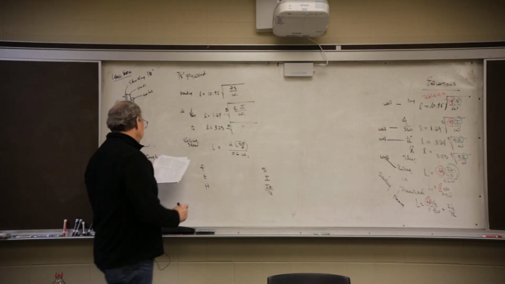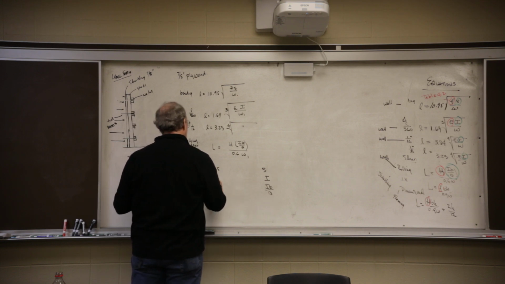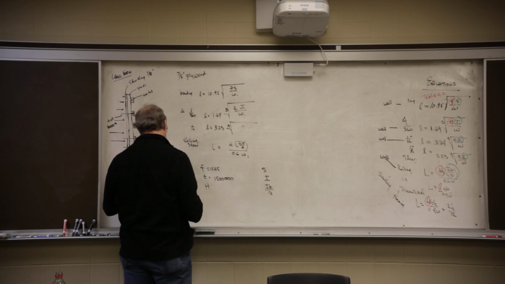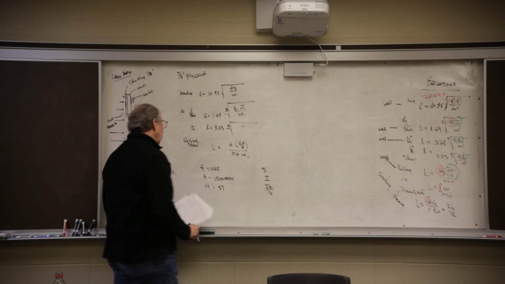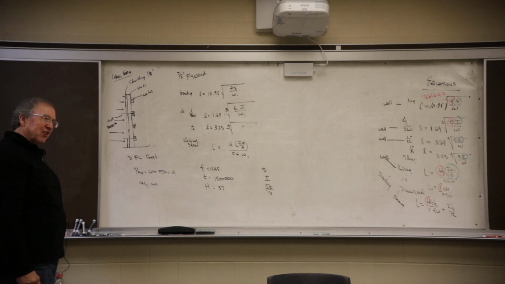It says F is 1545. It says E is 1,000,005. It says H is 57. We don't have to worry about wet. It's already wet, it says.